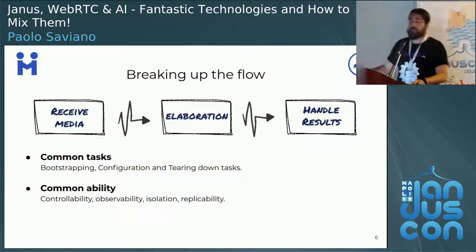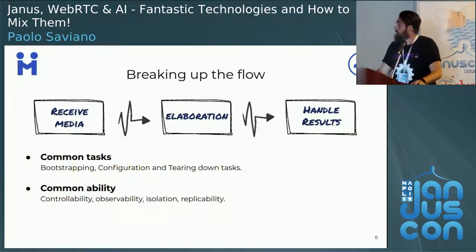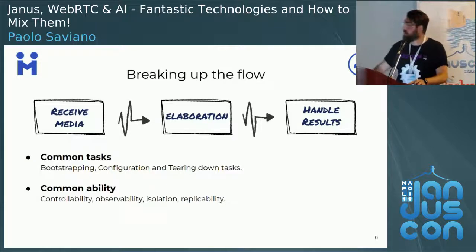Moreover, depending on the implementation, the just seen steps could present optional tasks, like bootstrap and setup phases, or maybe they could have some teardown routines. And obviously, each step should be controllable, observable, isolated, and replicable.